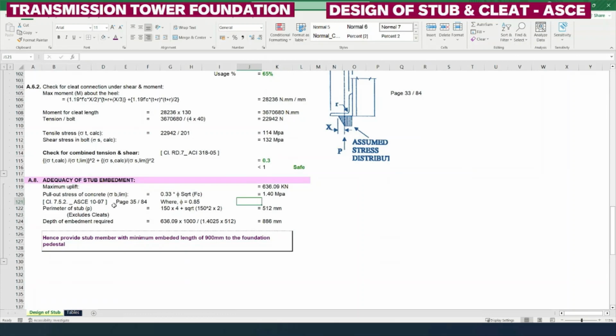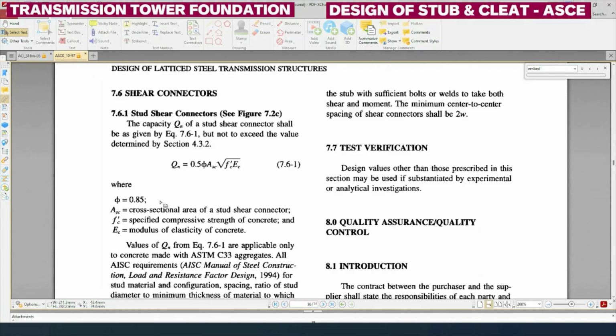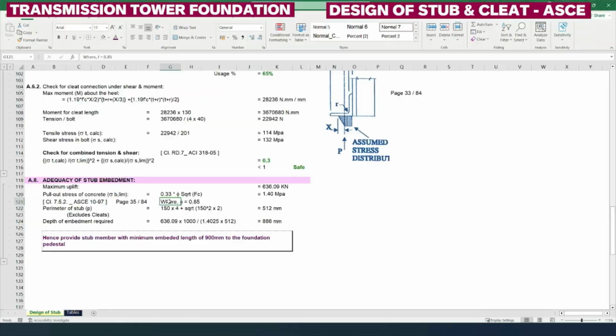And the phi value we can consider as 0.85. This is as per the shear connectors. Here the definition is given: the reduction factor we need to consider for shear resistance in terms of uplift. So phi equal to 0.85 we can consider here. In general there are a lot of methods to calculate this stub embedment.